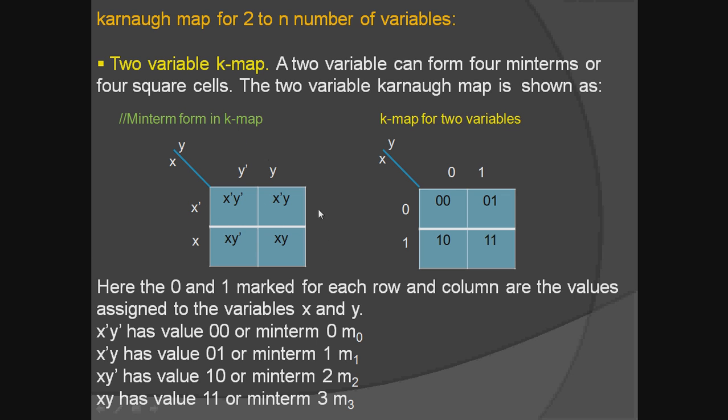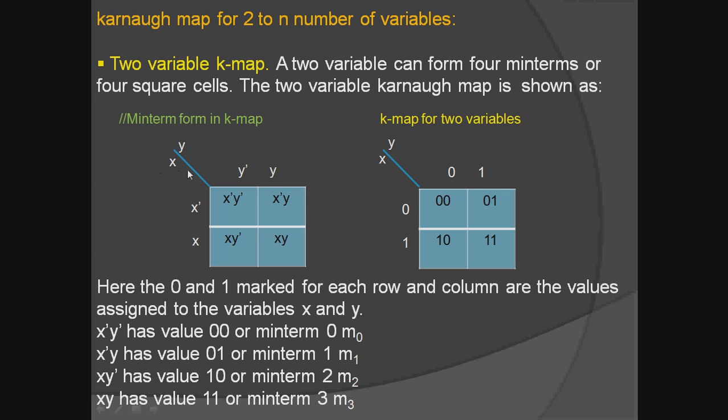So you can see in this pictorial diagram you have 4 cells, 4 square blocks, and each block represents a min term expression or a min term form. So here in the first diagram, this is the min term form in the K-map, like x complement dot y complement, or x complement dot y.